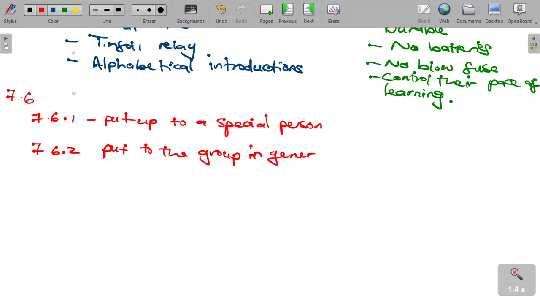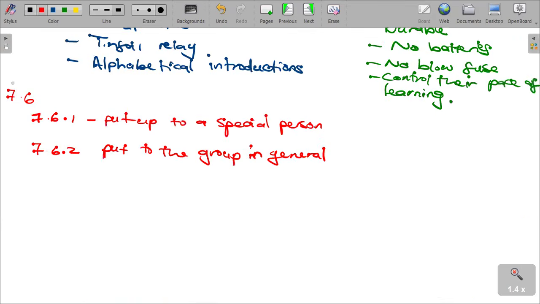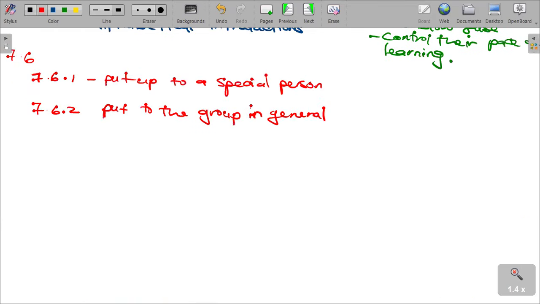Let's go to 7.7. Briefly discuss what a buzz group entails, right? What is it all about?